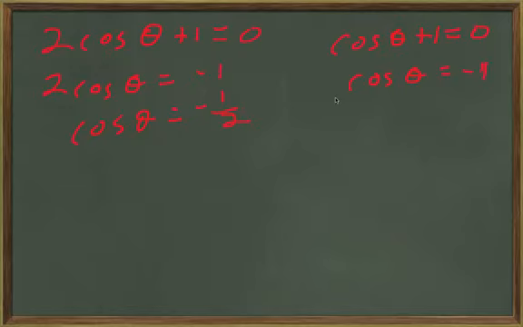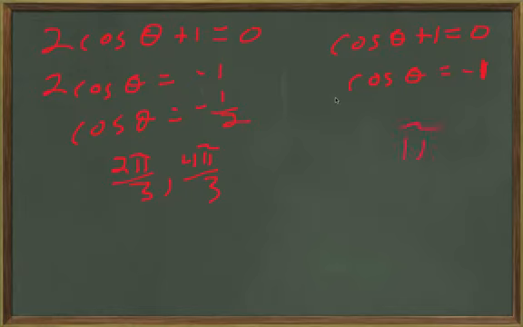Okay, and so for the interval for cosine theta equaling negative 1/2, if you look at our unit circle, that gives us 2 pi over 3 and 4 pi over 3. And when cosine of theta is equal to negative 1, that is just pi.